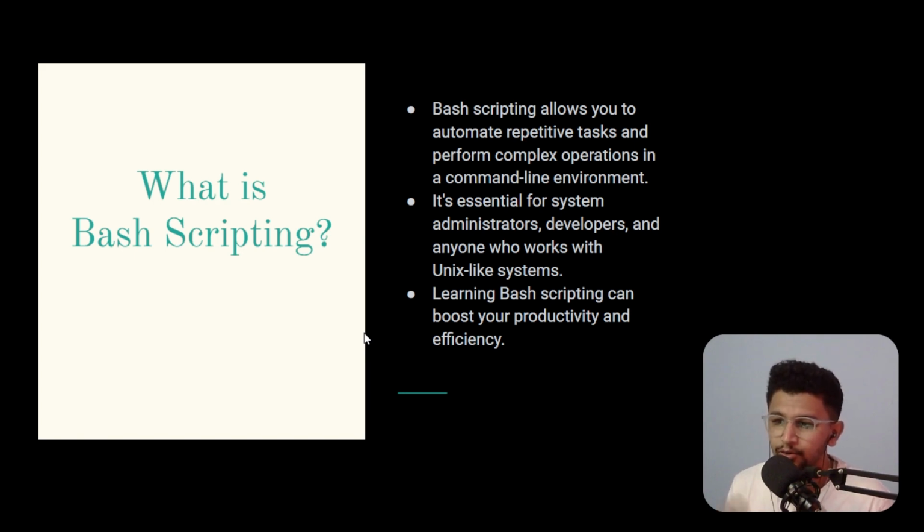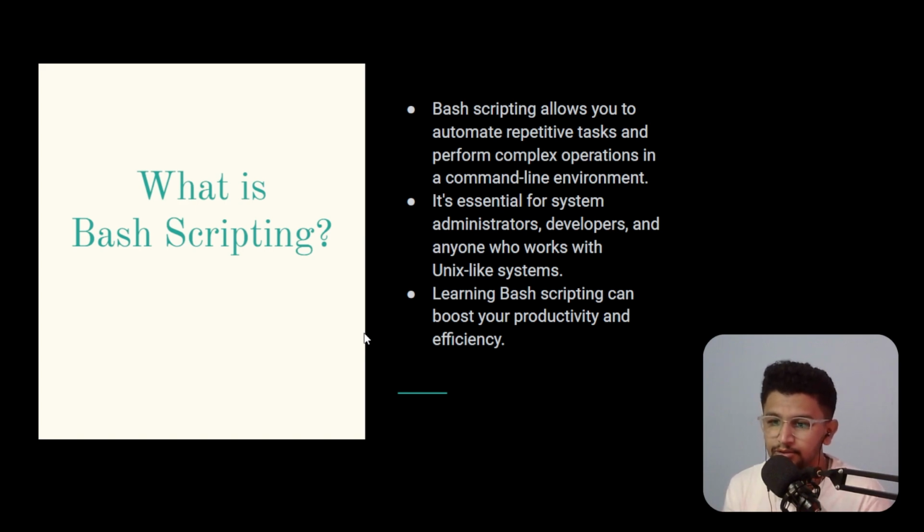Basically, when you're doing automation, say every day I need to run some backup, I don't need to do it manually. I write a script that automatically backs up my system at a particular time. That is where you can use bash scripting. You can use crontab, and I'll do a video on crontab.